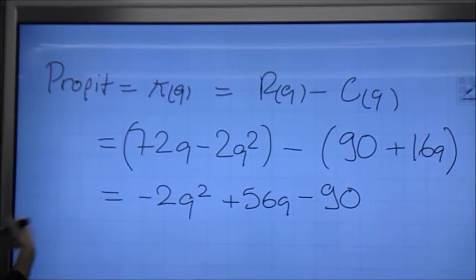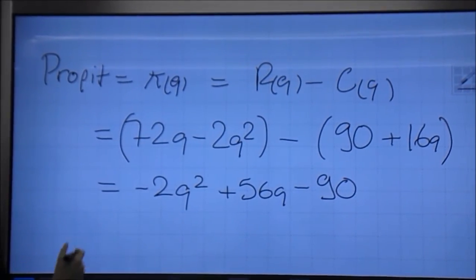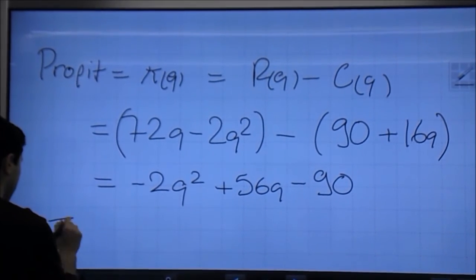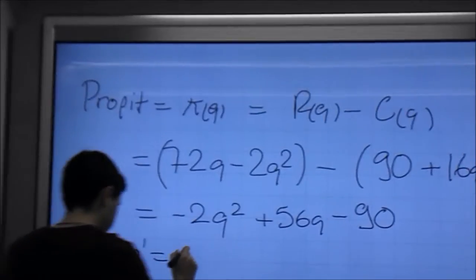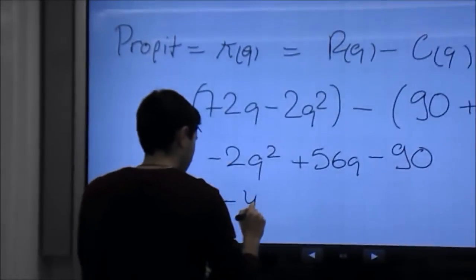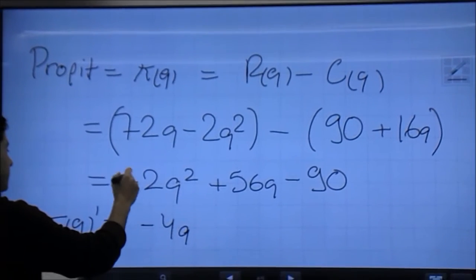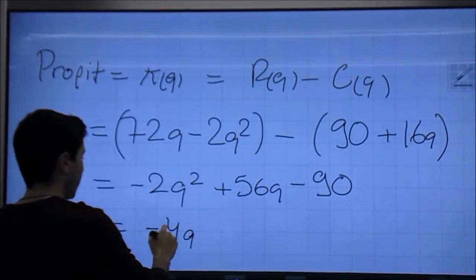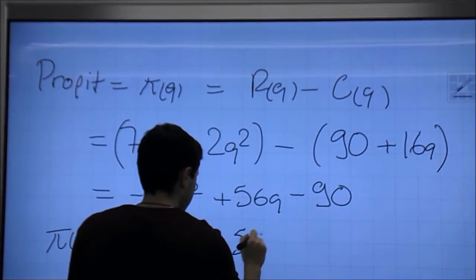And as I mentioned, we have to use derivatives to calculate the maximum revenue. The 2 will be multiplied by this first minus 2, so we will have minus 4q plus 56.